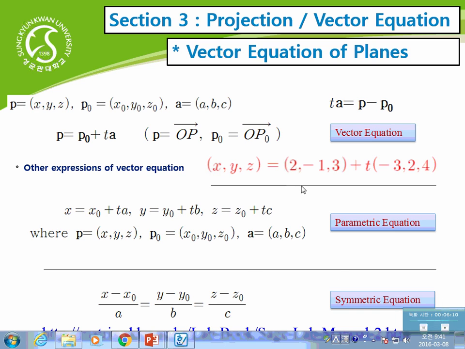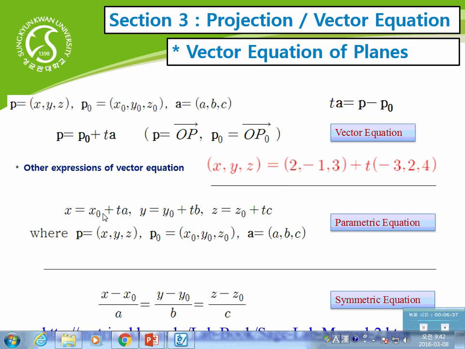Do you understand the difference? These parametric equations are a direct implication of the vector equation. If you have a vector equation like this, then the parametric equations just follow. Here you can see x minus x0 equals ta, y minus y0 equals tb, and z minus z0 equals tc.